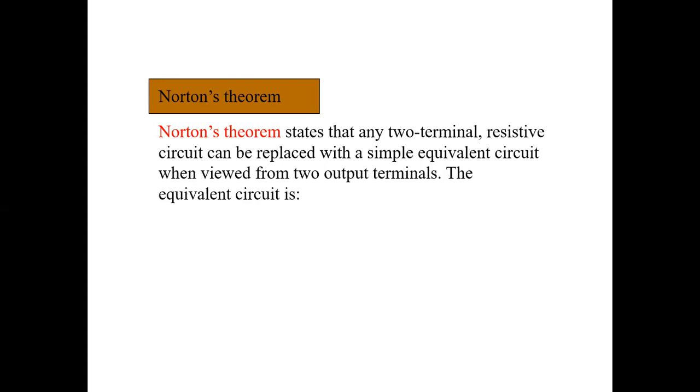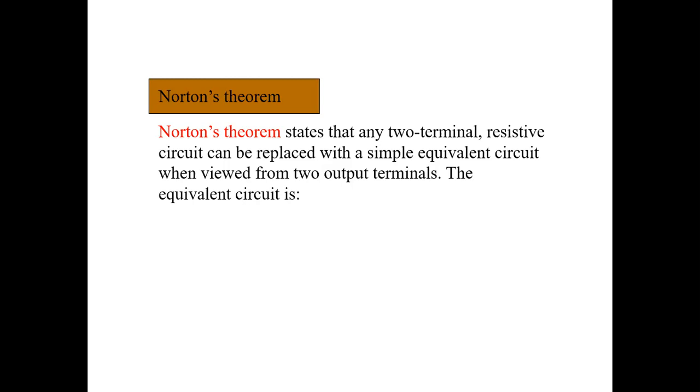Norton's theorem, another method of analyzing a circuit, states that any two-terminal linear network with current sources, voltage sources and resistances can be replaced by an equivalent circuit consisting of a current source in parallel with a resistance.